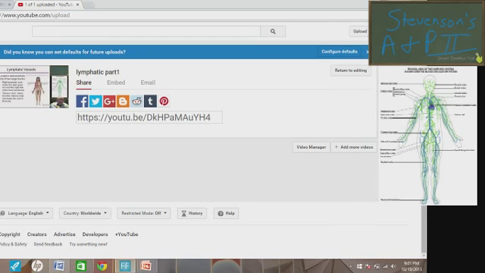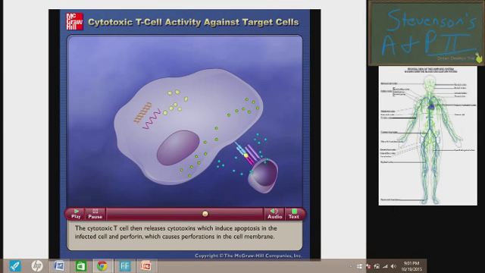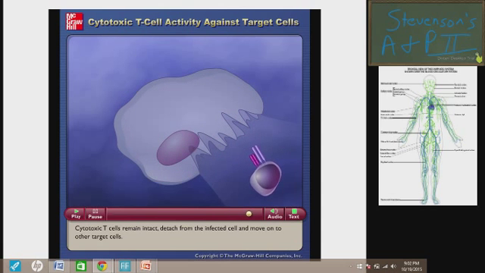The cytotoxic T cell then releases cytotoxins, which induce apoptosis in the infected cell, and perforin, which causes perforations in the cell membrane. Self-proteins are also degraded and the fragments presented on the surface via class I MHCs. This is not shown. Fragments of self-proteins are not recognized by cytotoxic T cells. Cytotoxic T cells remain intact, detach from the infected cell, and move on to other target cells.